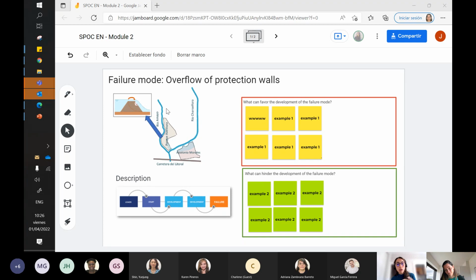And we're going to see what can be the failure modes for this example. So we follow the flow of the description of the failure modes. We first have to start with the loads. So what are the loads for this failure mode?